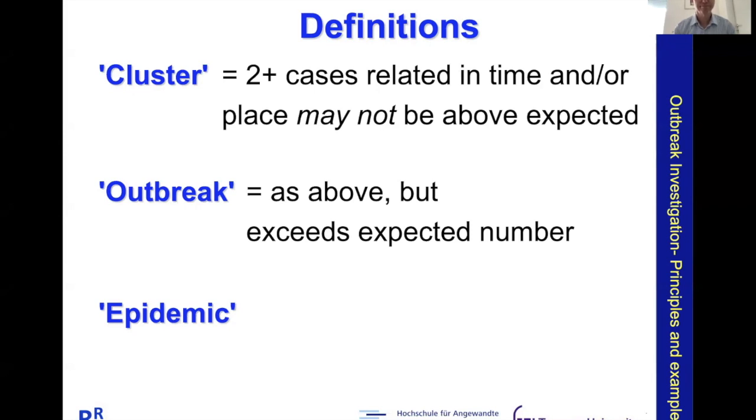It involves a larger geographical extent beyond just being localized. But both of them are associated with an excess in the expected number of cases for that time and that period.